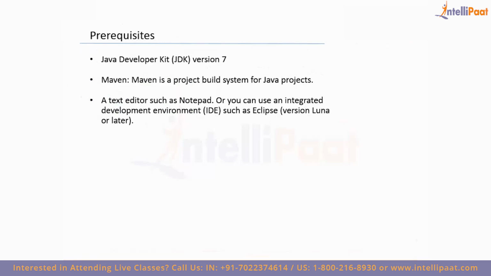Let's go ahead and discuss how to create a topology and execute it using Maven. So let's get started. We have a bunch of prerequisites and they are notable and very important. First of all, we need a JDK installed in whatever operating system we are trying to execute our topologies. Second, we should have Maven installed on the operating system.